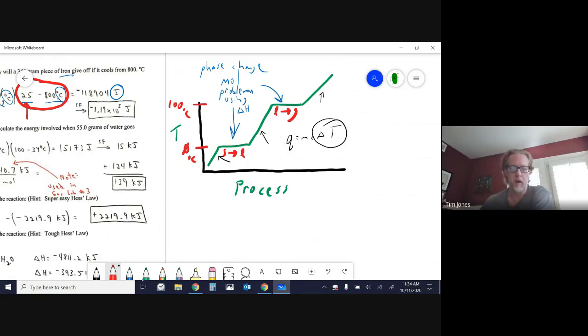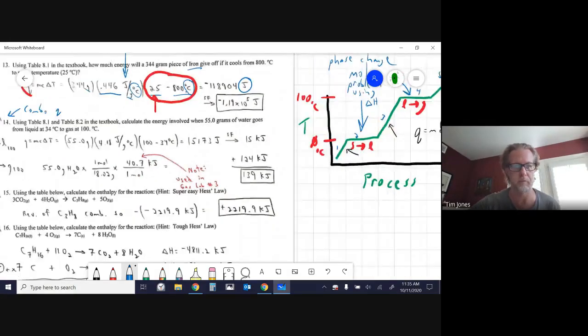So you can think of the graph as having 5 sections, and each section must be solved separately. So this would be section 1, 2, 3, 4, and 5. And so if the problem wanted to be really nasty, it could have you do all 5 separately, and then you would add them together. So we'll take a look at this one here.